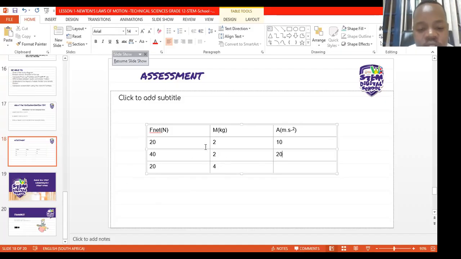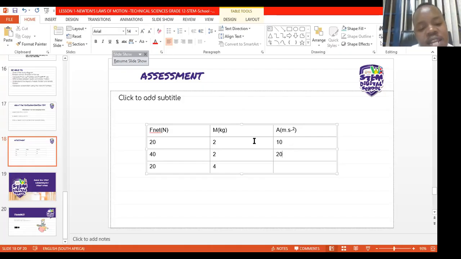Now, what are we learning from this relationship, my dear learners, is that we kept the mass the same. We didn't change the mass of the object, but we have doubled the net force from 20 to 40. And now we can see that the acceleration has also doubled.